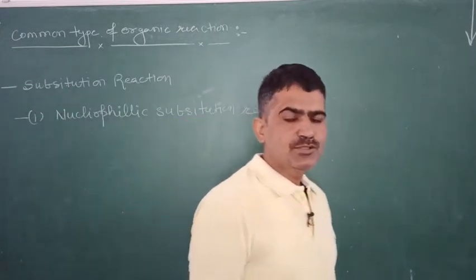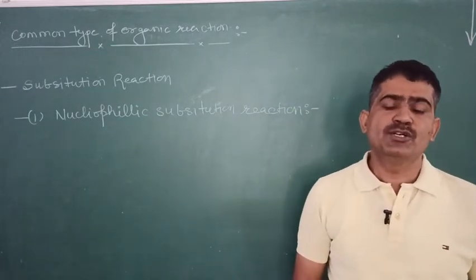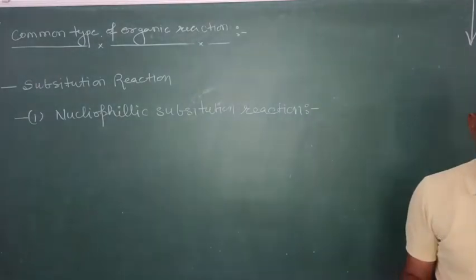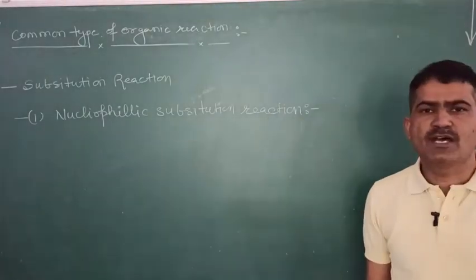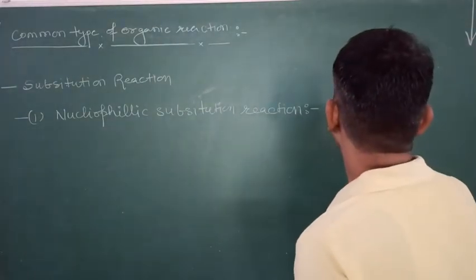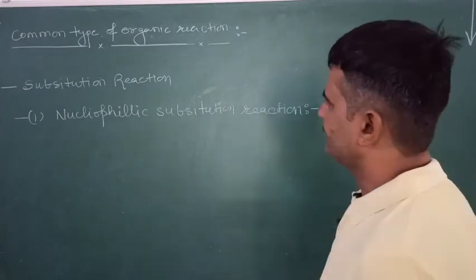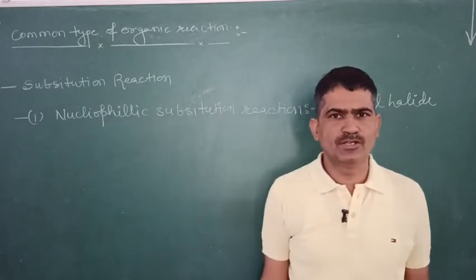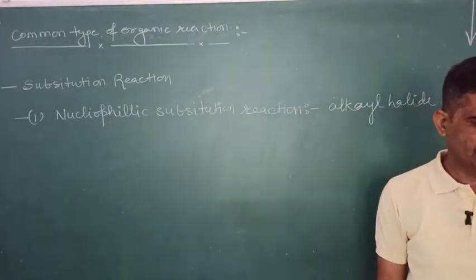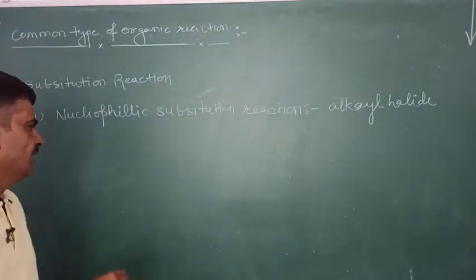The nucleophilic substitution reaction means the substitution reaction which is carried out by the nucleophile, and these nucleophilic substitution reactions are mainly utilized in alkyl halides, and this is the first chapter in your 12th class. In that we have to take an alkyl halide.